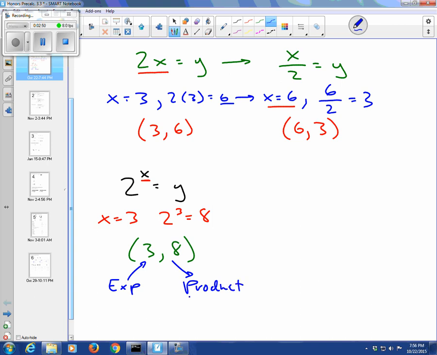Now, product is just sort of what we're going to call the output of an exponential function. It is a product, but it's not a very useful term to throw around when we're talking about exponential functions and their inverses. But basically what we want to think is that from here, the inverse function should take 8, the product, and give us the exponent of 3.